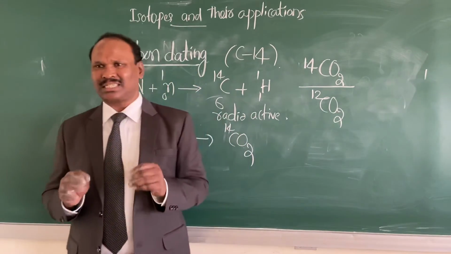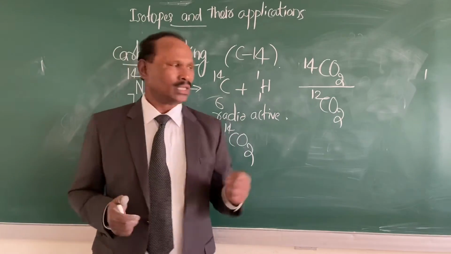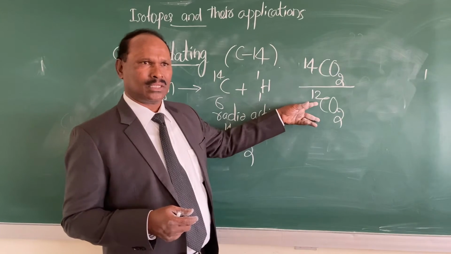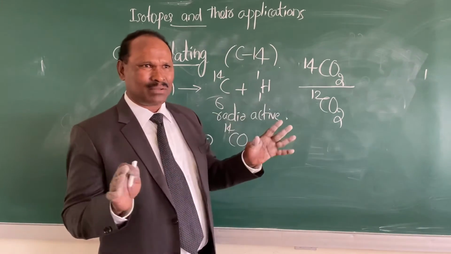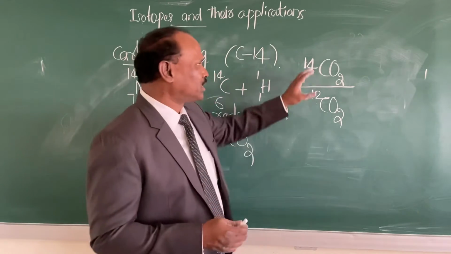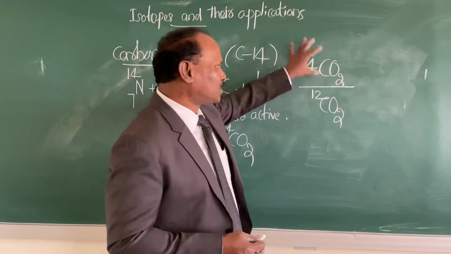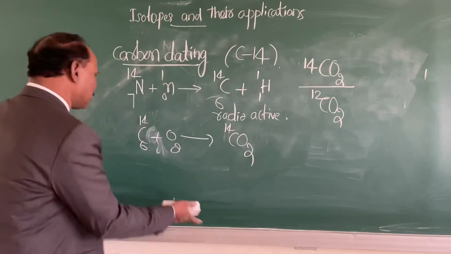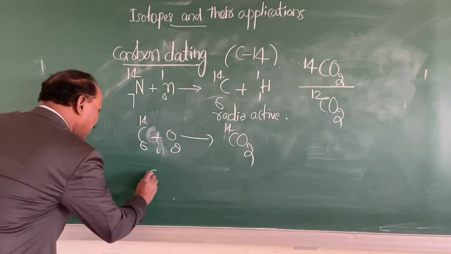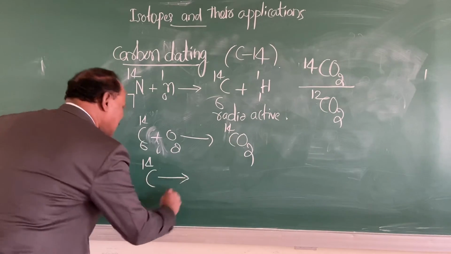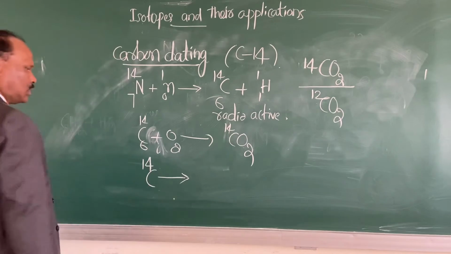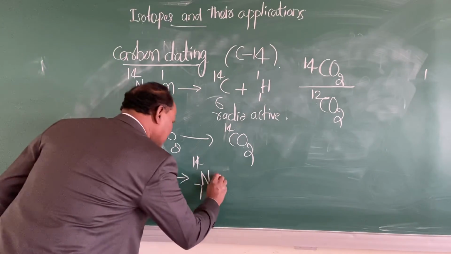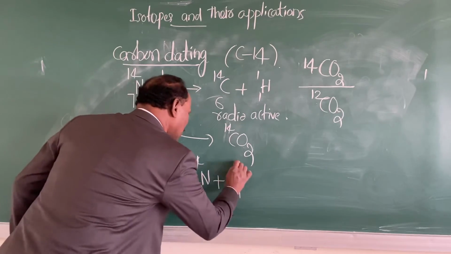When the plants or animals die, this ratio is no longer maintained. Is it okay? So when plants and animals die, the ratio gets imbalanced. Now this carbon-14, which is radioactive, dissociates to give once again nitrogen-14 (7, 14) plus an electron is ejected.